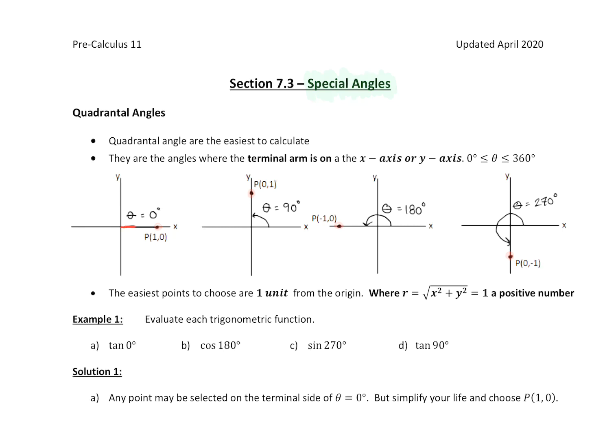Obviously if it's at point (1, 0), x is 1, and the angle created is 0 degrees. When you're at point (0, 1) on the y-axis, you're at 90 degrees. When you're at point (-1, 0), you've gone a full 180 degrees. And then when you get down to (0, -1), you've done your 270. And then if you get back to (0, 1) again, you've gone a full 360.